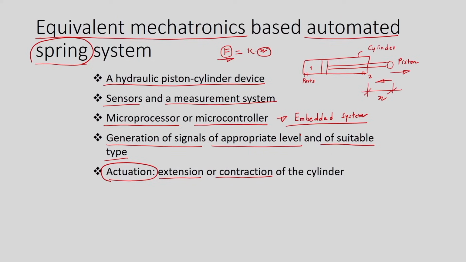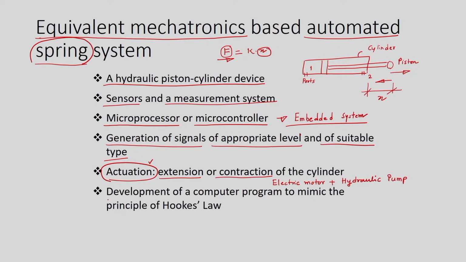That pressurized hydraulic fluid will be generated by using an electric motor and hydraulic pump arrangement. So, pump and motor arrangement are the actuation devices, and then we need to write a computer program. We need to write a set of instructions which are mimicking Hooke's law.